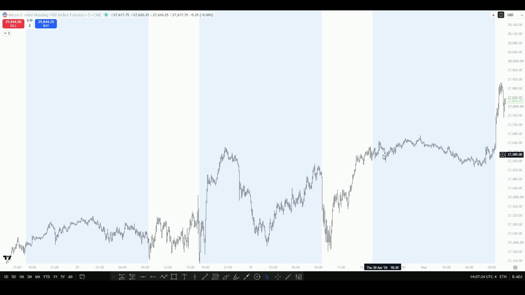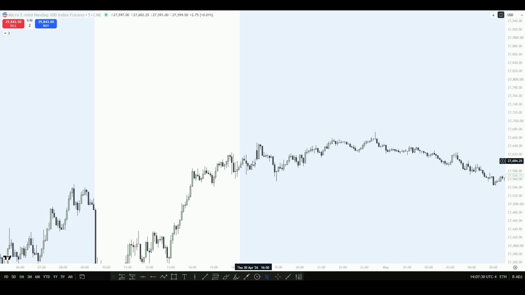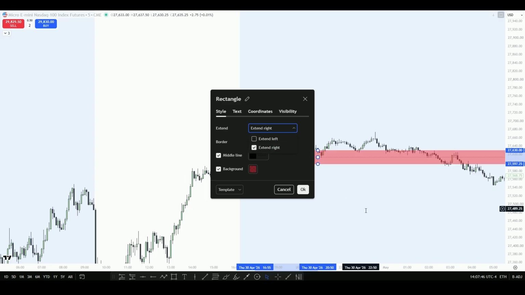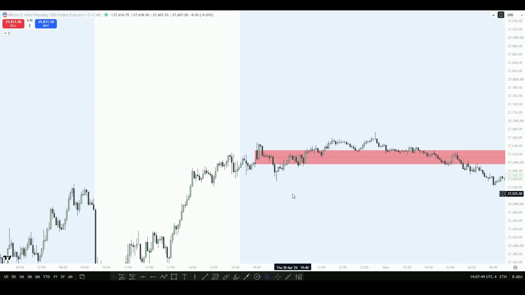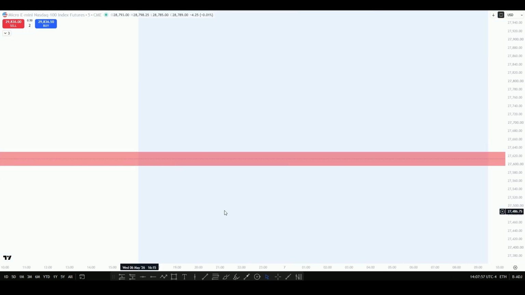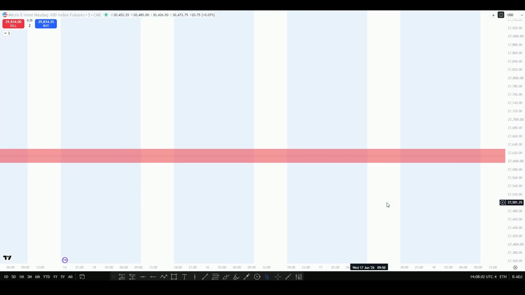So let's see if I can find it. The indicator doesn't go so far back, so it's going to be here. I'm going to draw the box now from the close of this to the open of this one, and extend that to the right. Yeah, I think I drew that correctly. So if we go all the way back now, let's see where this setup formed.